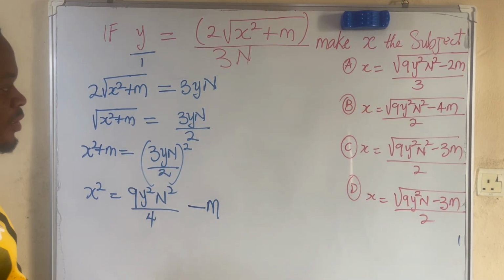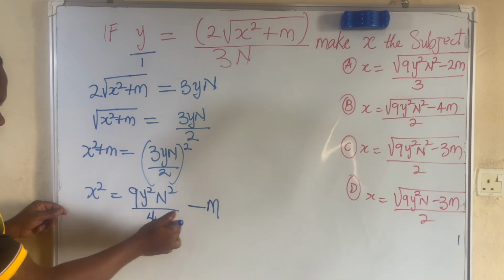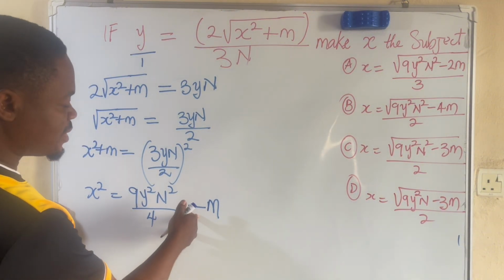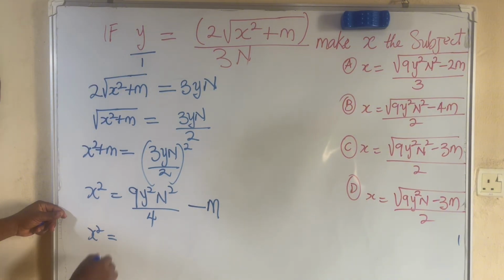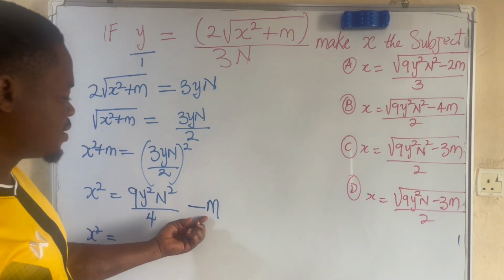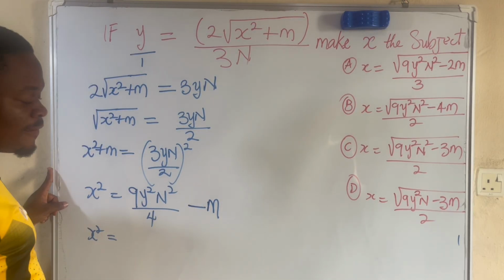I hope this is clear. So x squared is equal to, let's solve this. This is 4 times m is 4m.